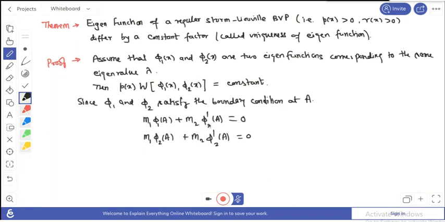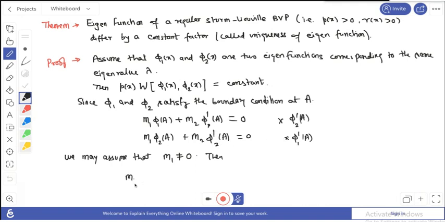So we multiply phi2 prime A in this equation, and phi1 prime A in the other equation. We may assume that m1 is non-zero, because at least one of m1, m2 is non-zero.